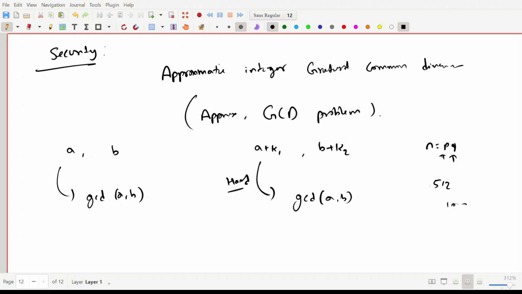If you take that many bits, then this will be secure. And this approximate GCD problem is believed to be a hard problem in lattice theory. So it is post quantum secure, and so we call it post quantum.